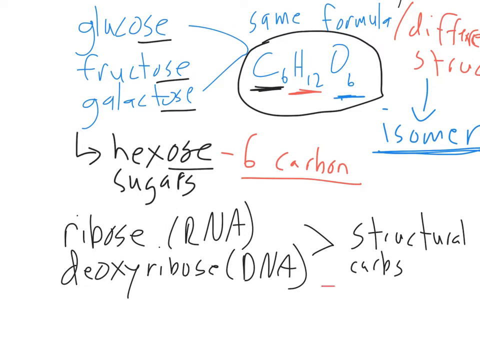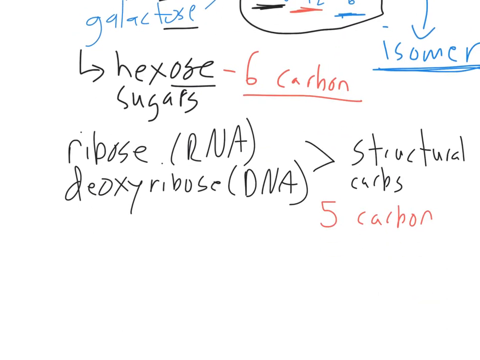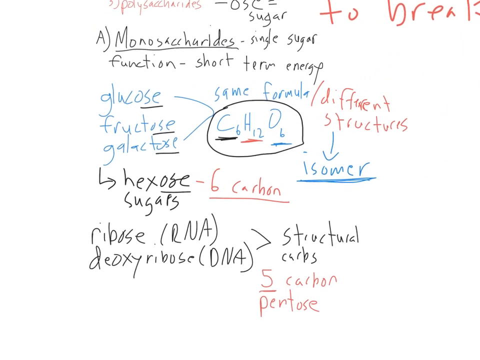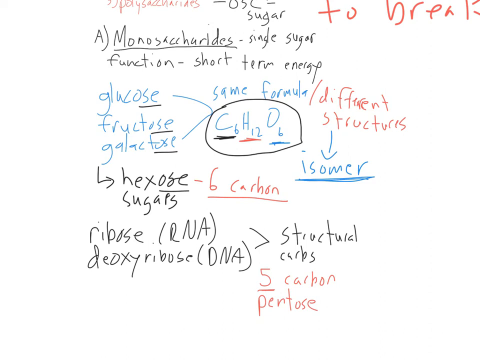Both of these are 5 carbon, or what we would call pentose sugars. Okay, these are pentose because they have how many carbons in them? 5. Okay, so we have 5 total monosaccharides that you need to know. Glucose, fructose, and galactose, which are the what type? How many carbons do they have? 6. Where ribose and deoxyribose have 5.